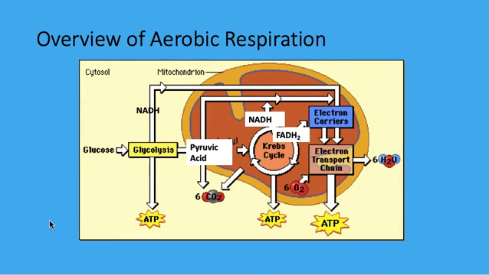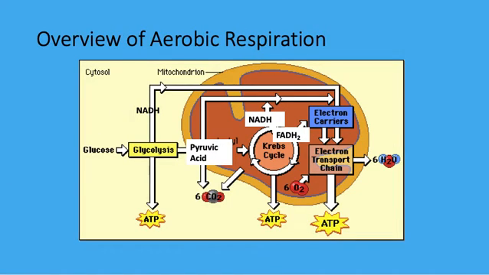Here's another way to look at it, which counts your molecules as you go through. Glucose enters glycolysis through pyruvic acid. In the Krebs cycle, we give off some carbon dioxide and some ATP. In the electron transport chain, we take in oxygen, give off water, and get a lot of ATP.